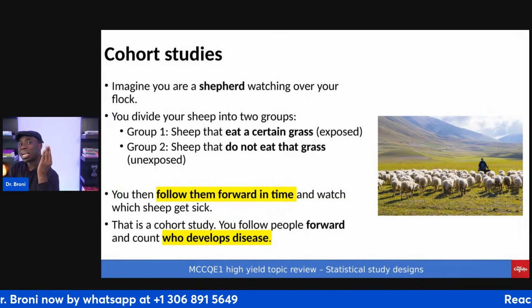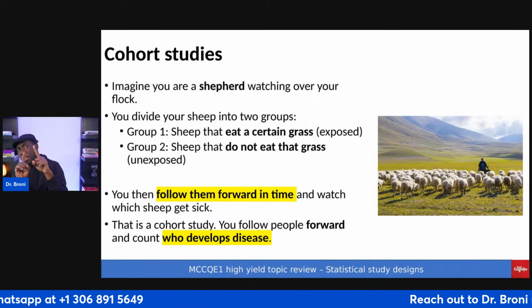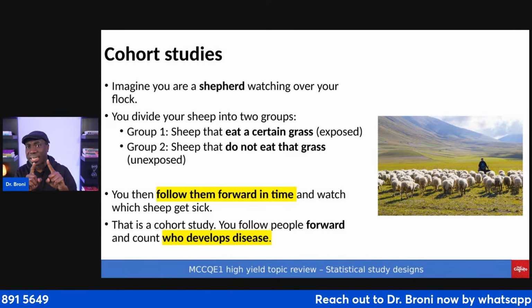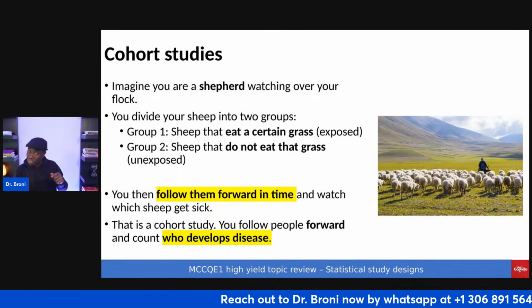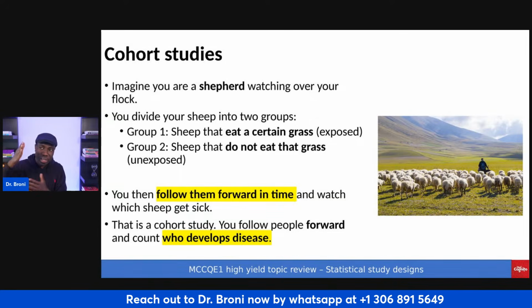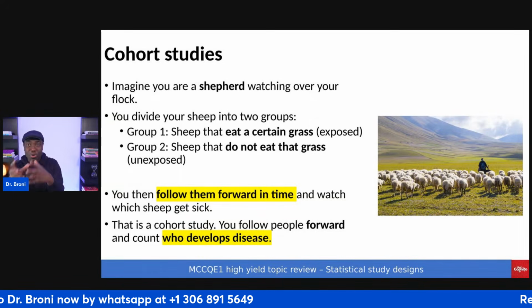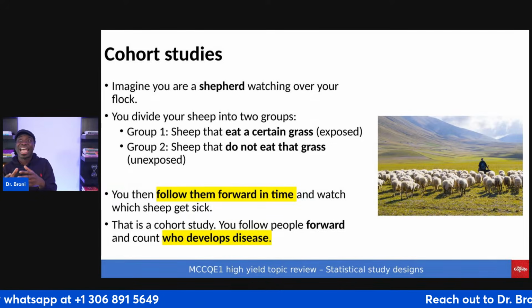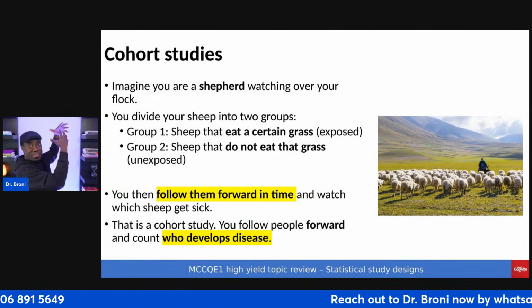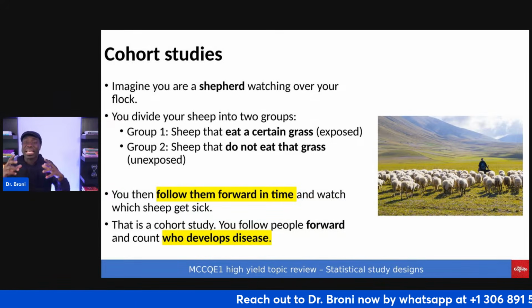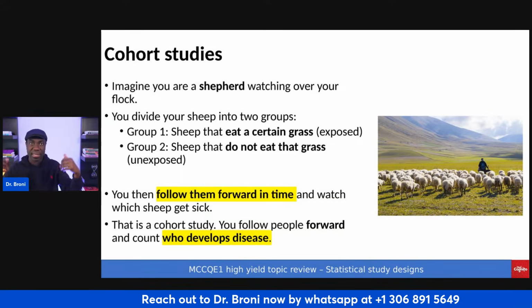Doctors, are you following me? While case control study is looking into the past, cohort study is looking into the future. Let me say it again: while case control study is a retrospective study, cohort study is a prospective study.